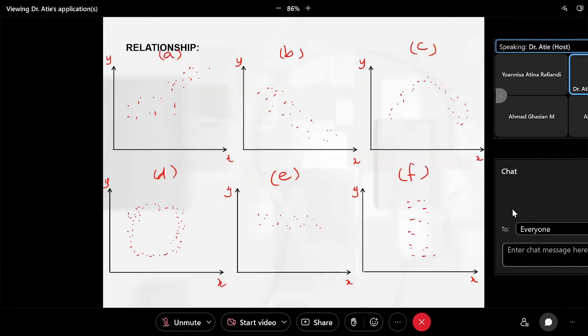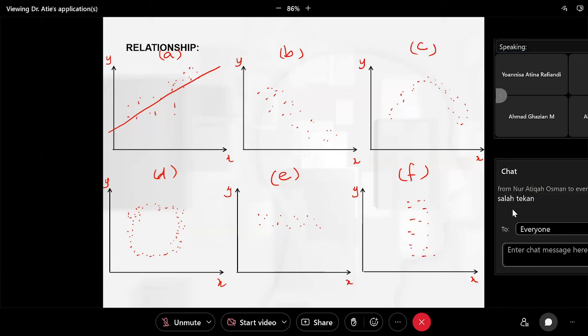So as I said, we need to look at the slope. Just imagine if we draw a straight line to represent all the dots here. The straight line can be something like this. Do you agree?